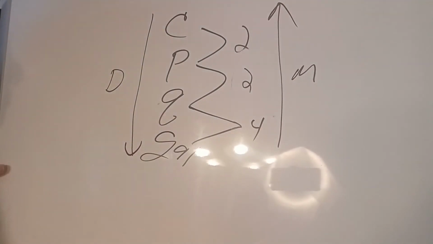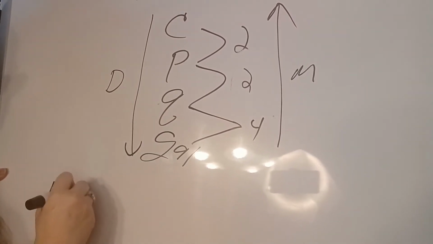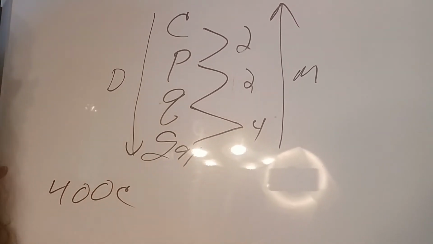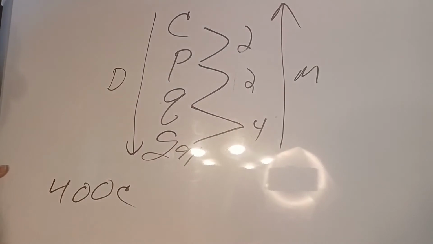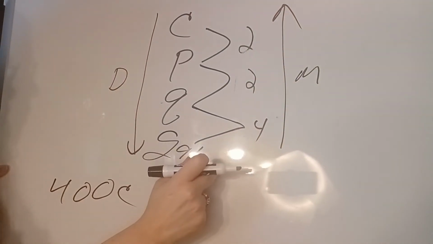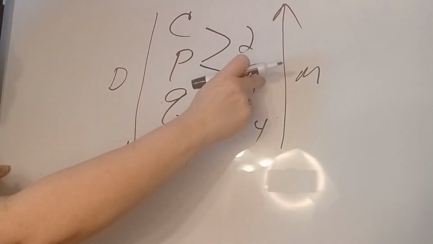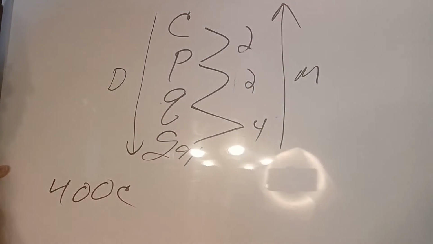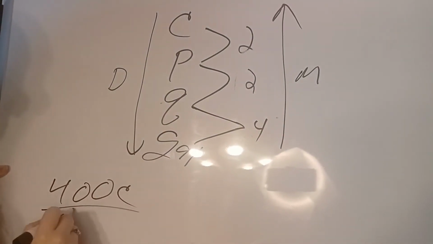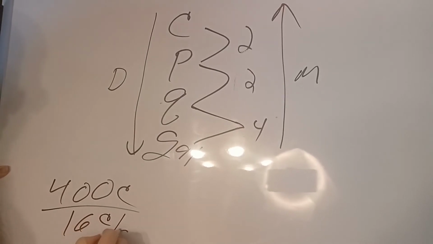Let's look at an example going the other way. Let's say we have 400 cups. And we want to know how many gallons that is. All right? So we're going to go downward. So we're going to be dividing this 400 cups. And we go 2 times 2 is 4 times 4 is 16. 16 cups per gallon.